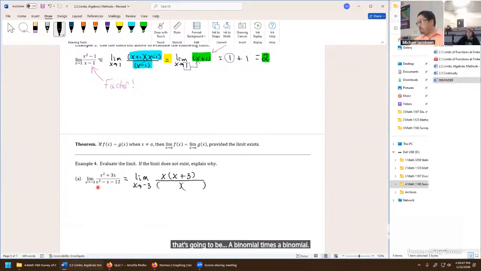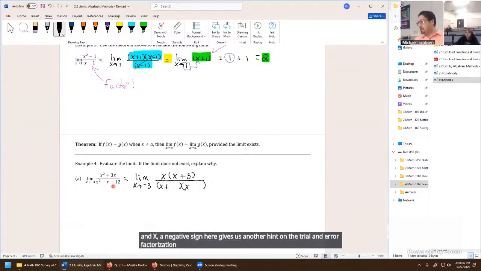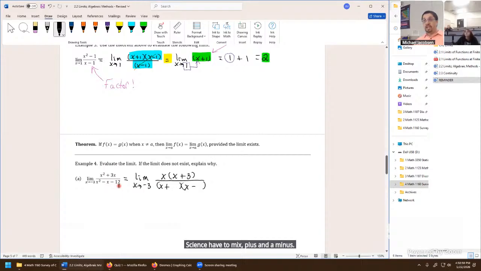The x squared here, leading terms will be x and x. A negative sign here gives us another hint on the trial and error factorization. Signs have to mix, plus and a minus. So we want two things multiplying to -12, adding up to -1. Would you agree that maybe a +3 and -4 is a good way to go?